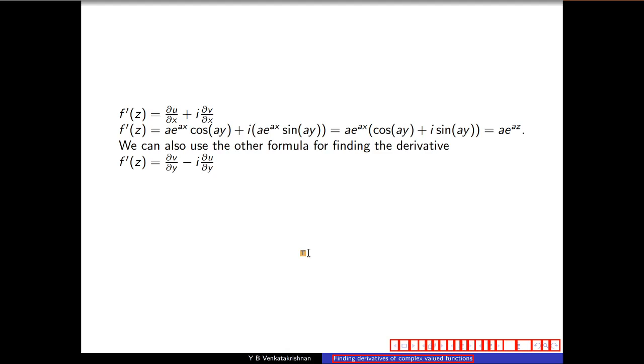As in the previous problem, you can use any one of the formulas for the derivative. Suppose I use the formula f dash of z is equal to dou v by dou y minus i into dou u by dou y. Again you get the value as a e power az.